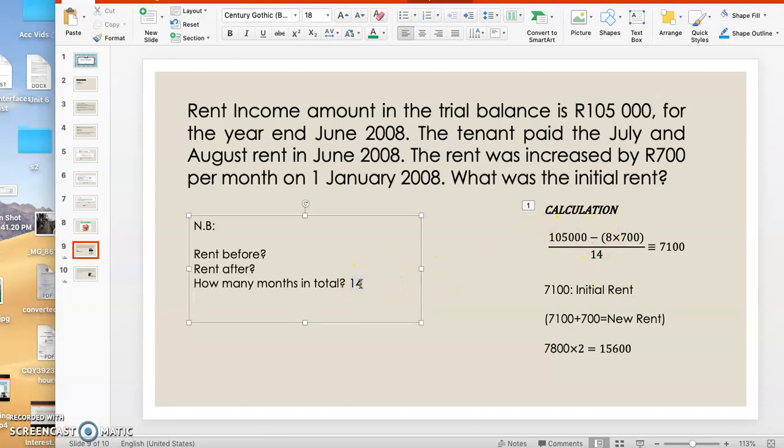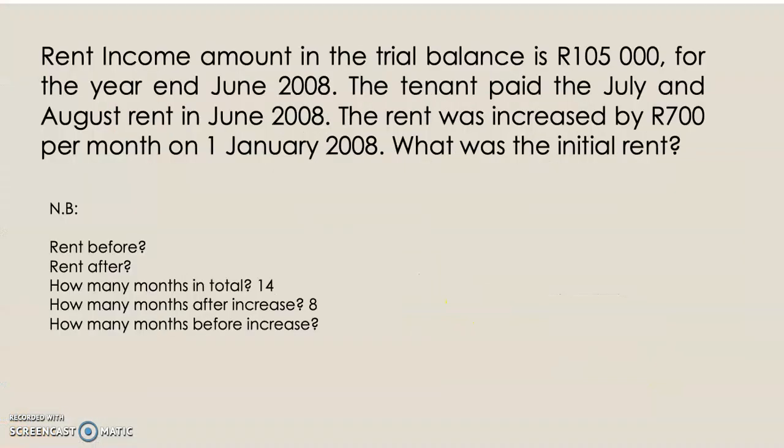You need to ask yourself, how many months after increase? How many months before increase? When I calculate things like this, I always ask myself all these questions and I write down the answers. This is 8. I write down all the answers and then I calculate. It makes it a lot easier.